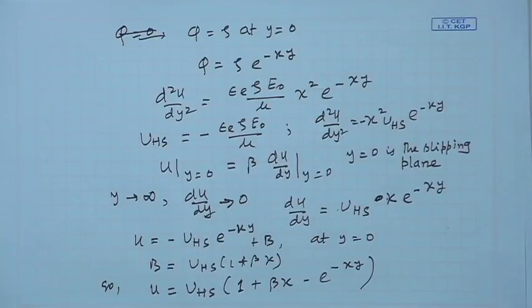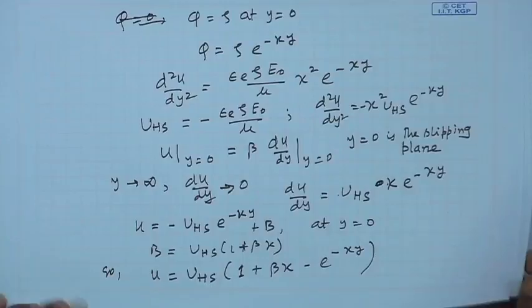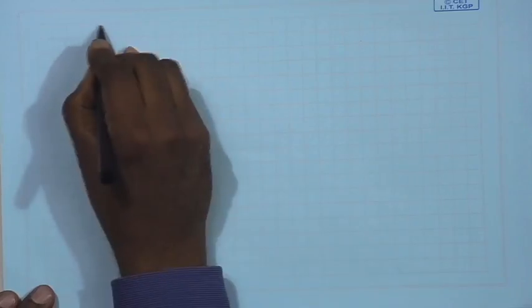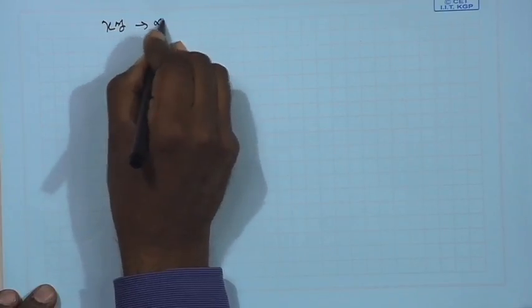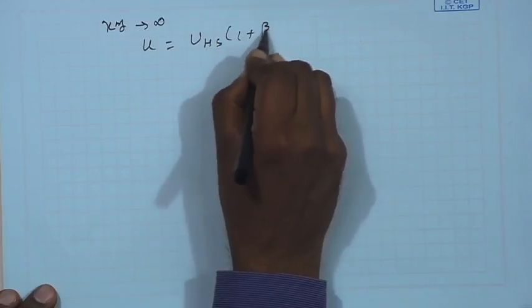Now obviously, in the previous cases, the velocity outside the Debye layer was UHS. Here, as kappa y tends to infinity, u becomes UHS into 1 plus beta kappa.